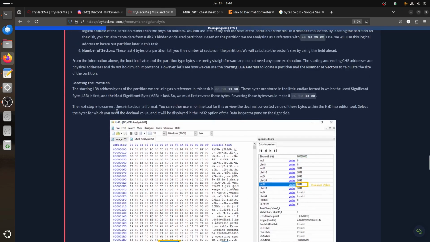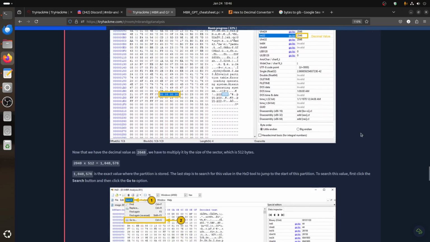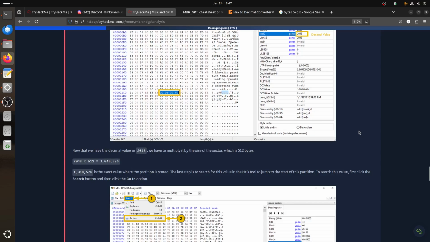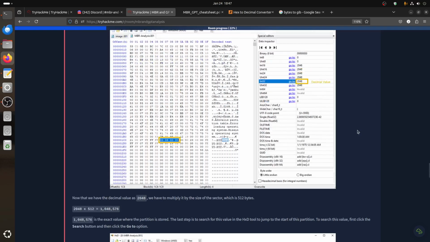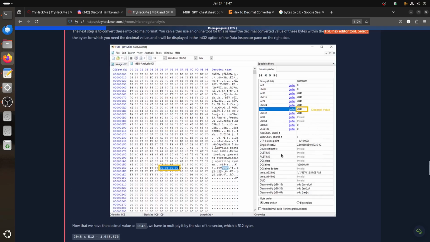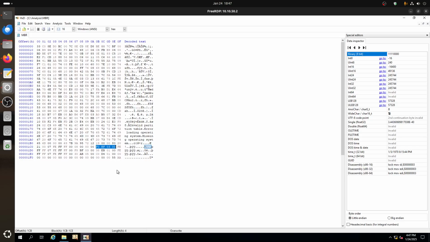So the next step is to convert this into decimal format. You can either use an online tool for this or view the decimal directly. Remember, the screenshots in this room are not from the same file.